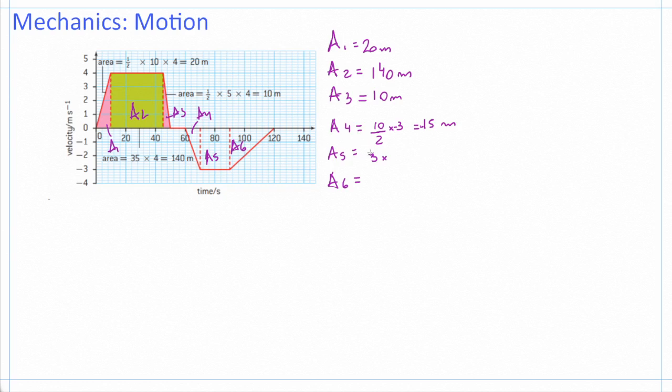Well, A5 here, it's 3 times 20, so that's negative 60 meters. And the last one, we're going from 90 all the way to 120, so this base is 30. And this height is 3, so that's 3 times 30 divided by 2, so that's negative 45 meters.